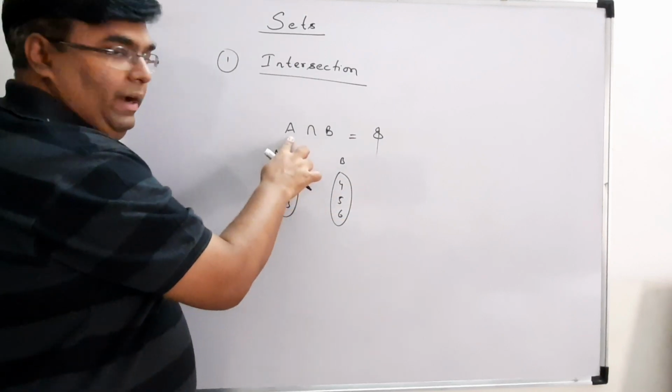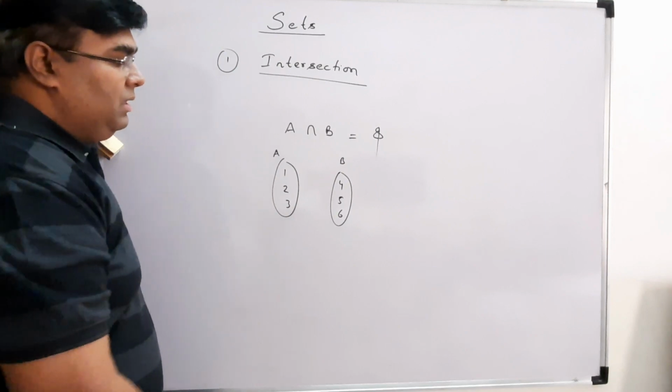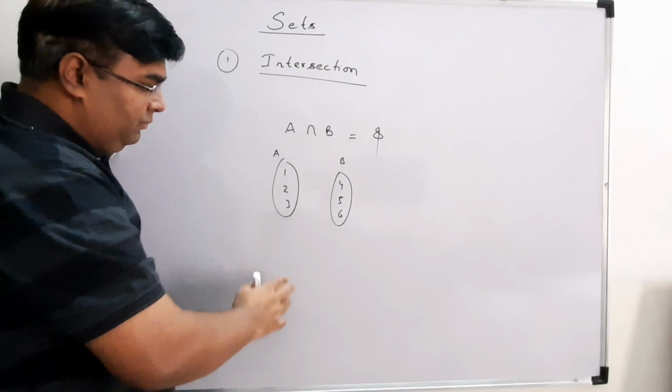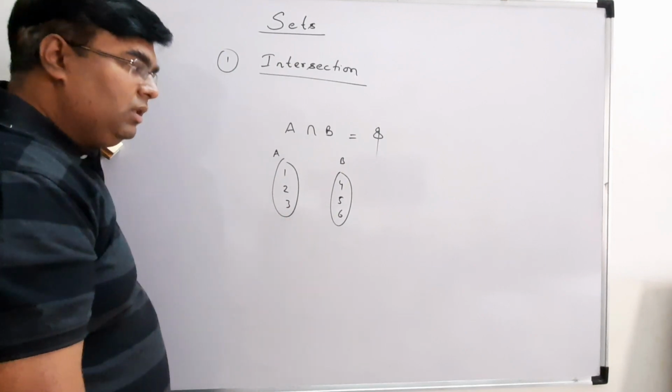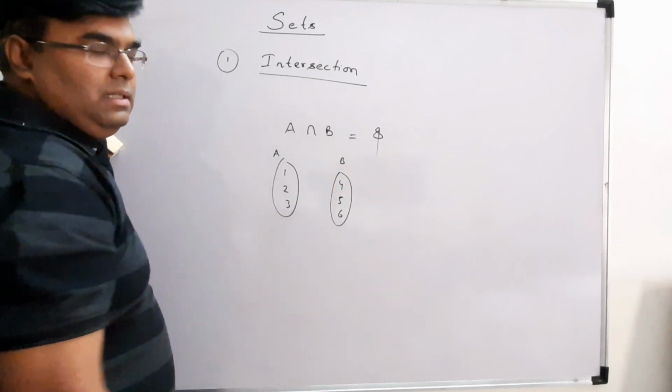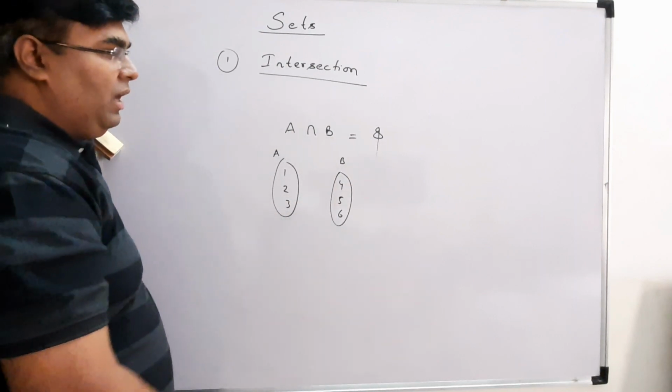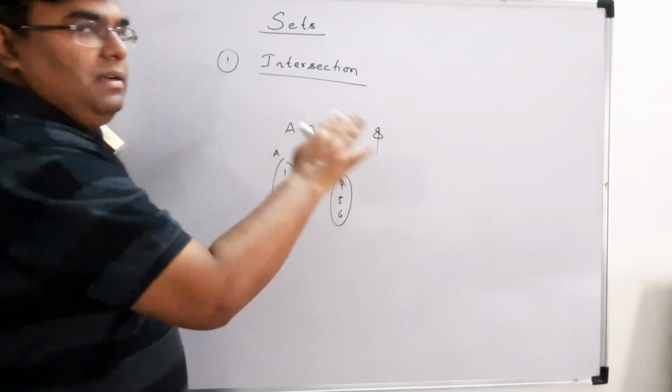Now if you want to find A intersection B, means the elements which are common to both, no element is common to both. So what is this? This is called as null set. So we have A intersection B as null set.